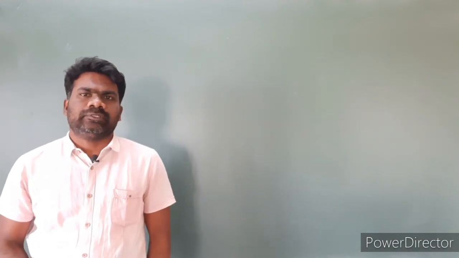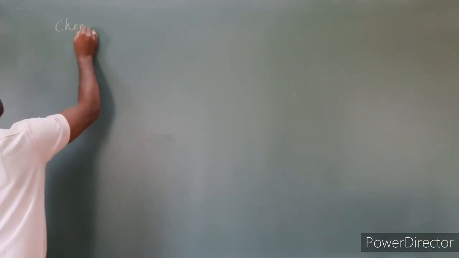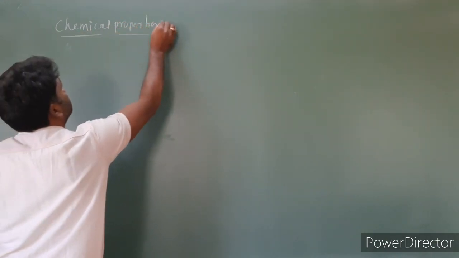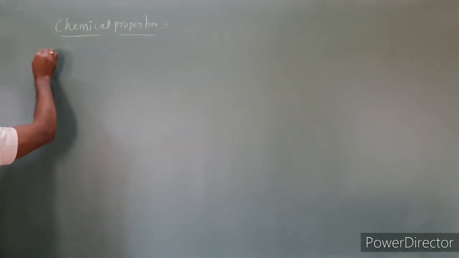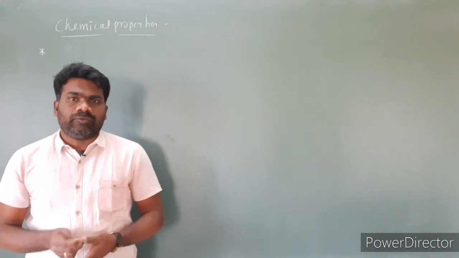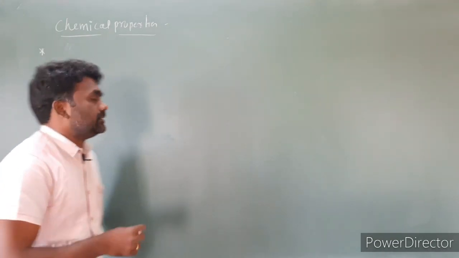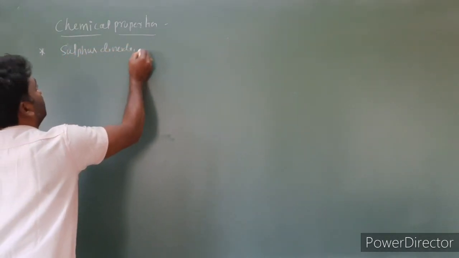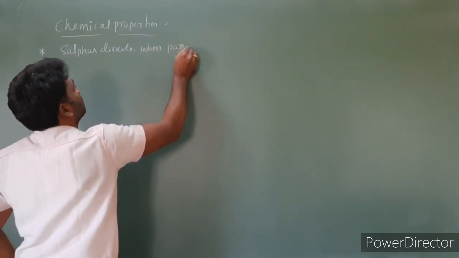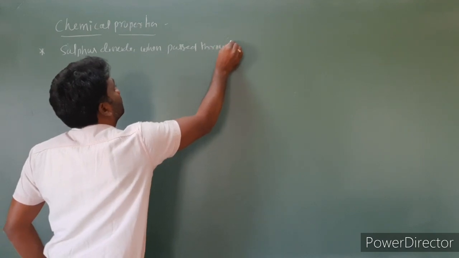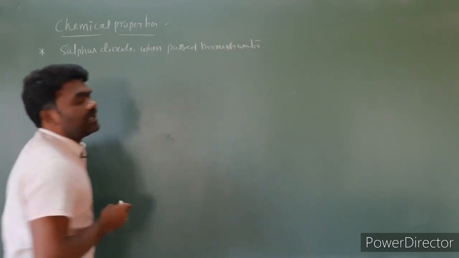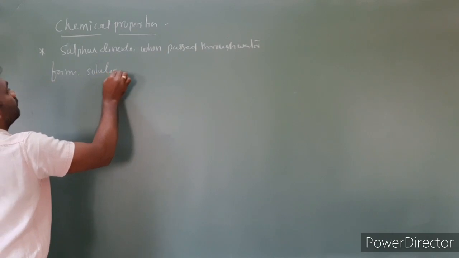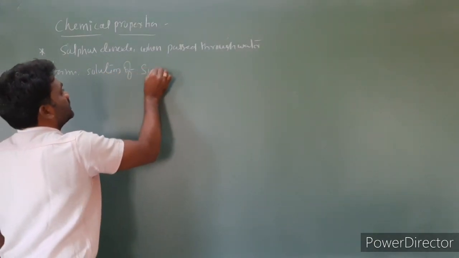Next, chemical properties of sulfur dioxide. In the first chemical property, sulfur dioxide when passed through water forms a solution of sulfurous acid.